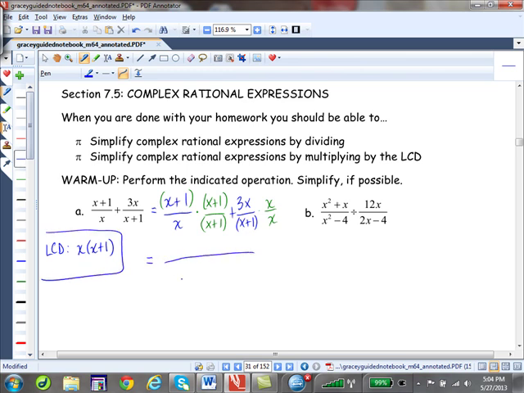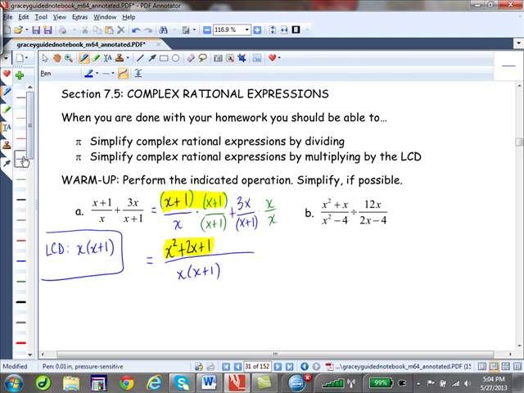All right, so here we go. The LCD is x times x plus 1. When I multiply x plus 1 times x plus 1, I'll get x squared plus 2x plus 1. This is how I got the first one. This here is equivalent to this here.